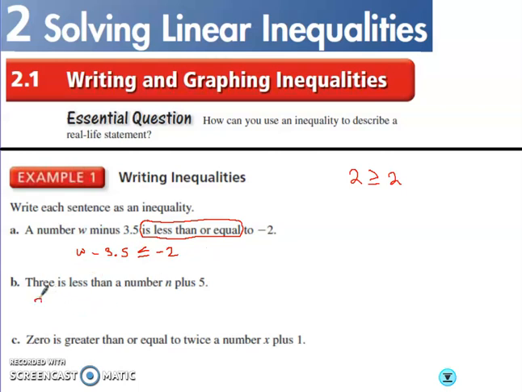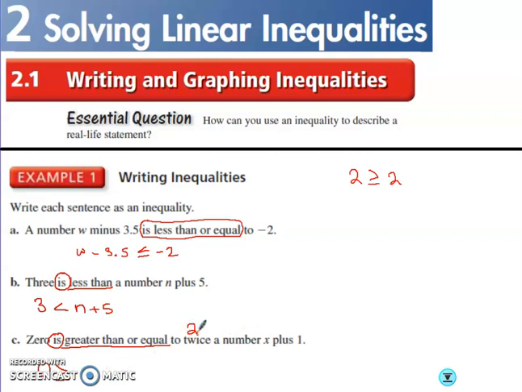B, 3 is less than. So that means I have a symbol that's separating the left side from the right side, is less than a number n, an unknown number, plus 5. C, 0 is greater than or equal to twice a number.